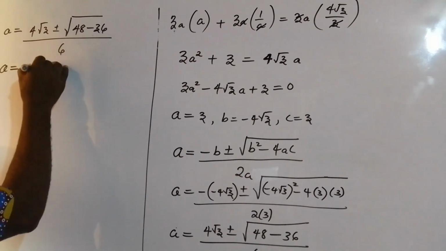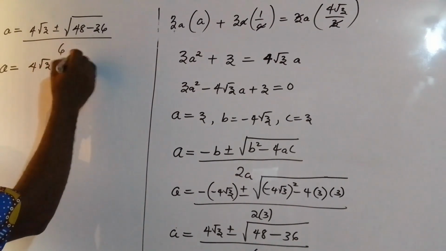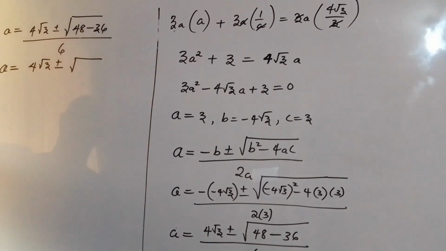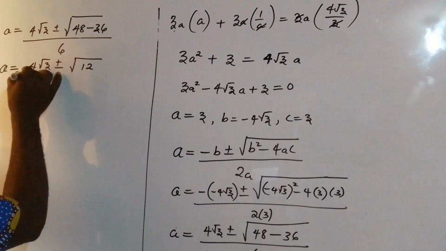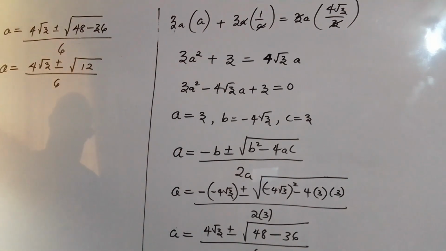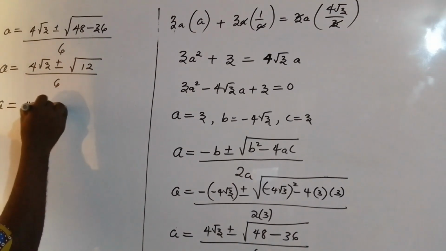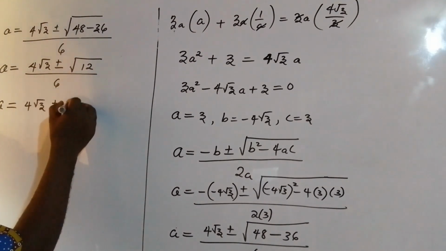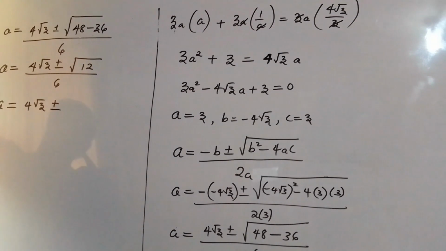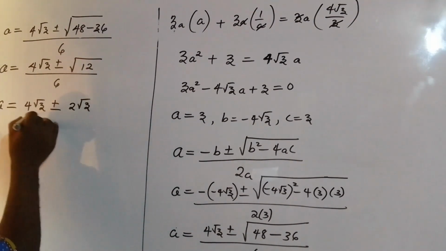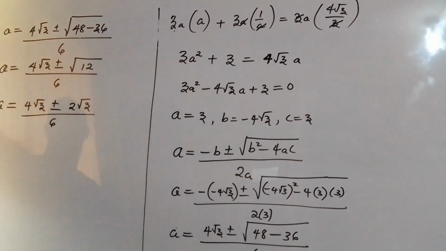We have a equal to 4 root 3 plus or minus square root of 48 minus 36, which is 12, all over 6. So this will give me a equal to 4 root 3 plus or minus the square root of 12, which gives me 2 root 3, all over 6.